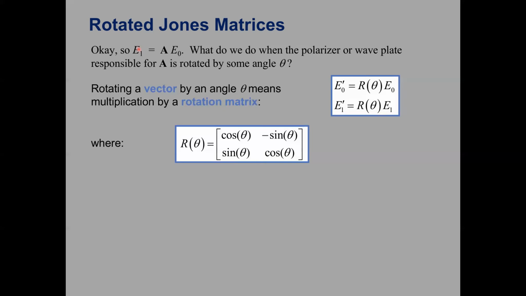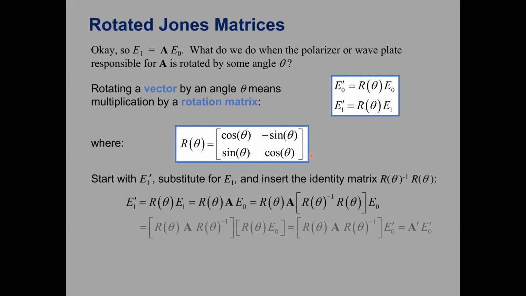If our goal is to rotate something, if we're rotating a column vector by an angle theta, we have to multiply that column vector by this rotation matrix. This is just a mathematical result from linear algebra. If we wanted to model the effect of rotation on a matrix rather than a column vector, we have to do something like this.